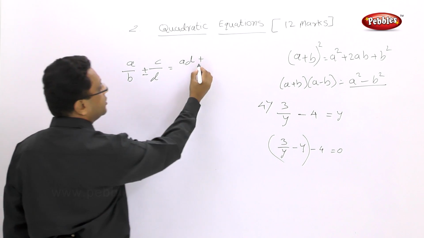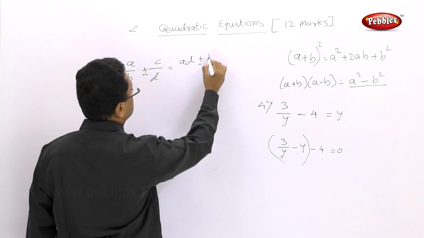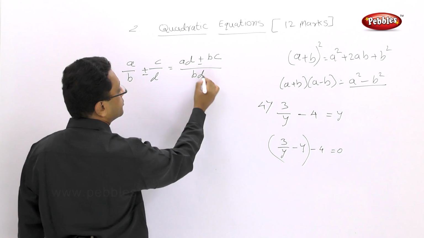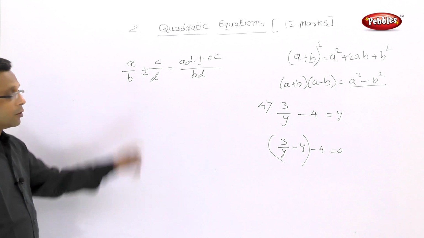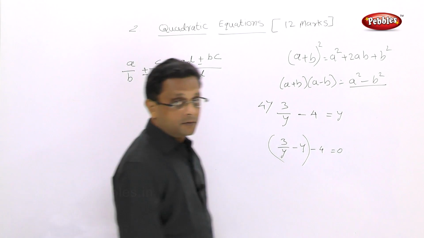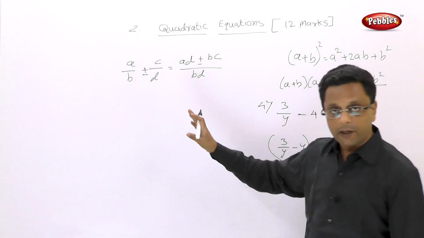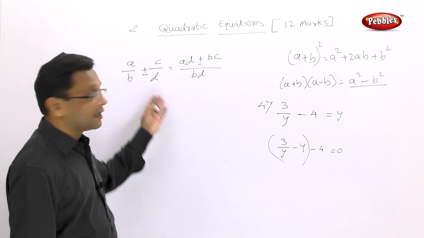If it is minus sign, you have to give minus. ad plus or minus bc upon bd. If you don't know this or if you have forgotten, just make a note in your notebook. Because this is again a standard form and this is very important. We have to use it again and again.